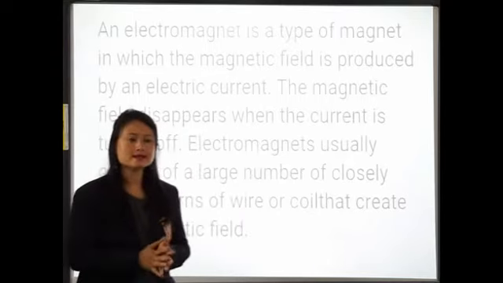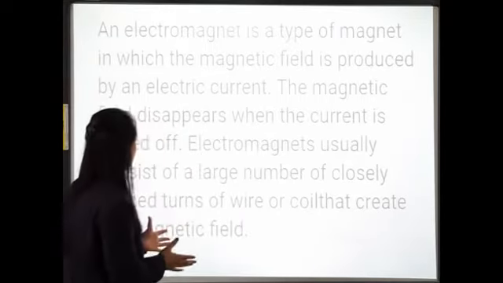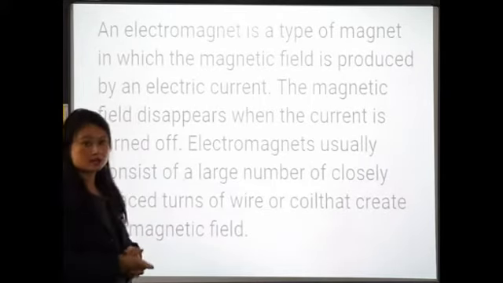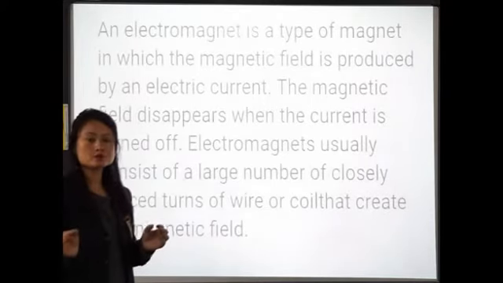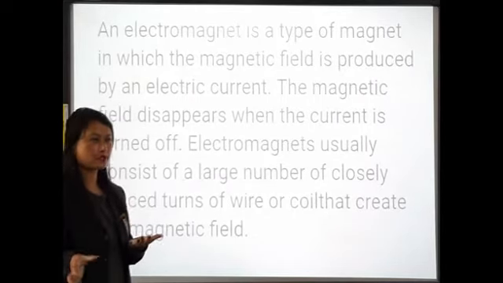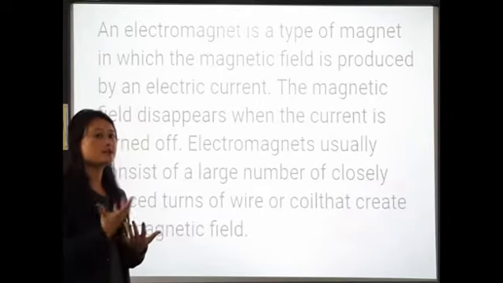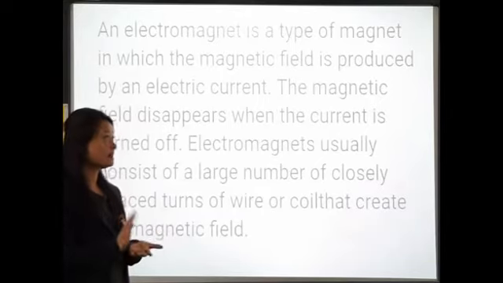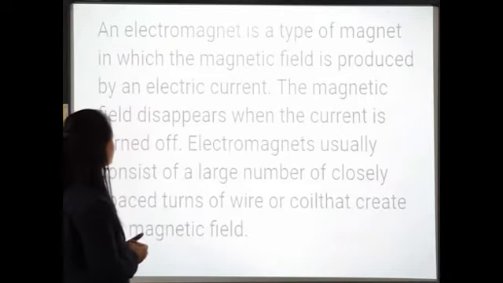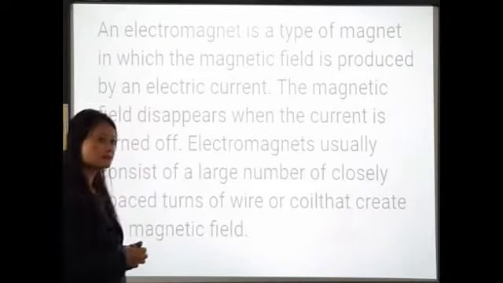What is an electromagnet? It is a type of magnet in which the magnetic field is produced by an electric current. So when the current flows through a wire, a magnetic field is produced. It can be a strong magnetic field, it can be a weak magnetic field, but a magnetic field is always produced. The magnetic field disappears when the current is turned off.